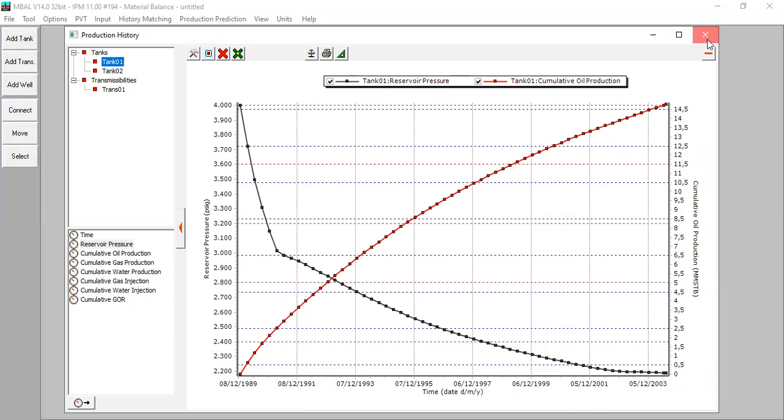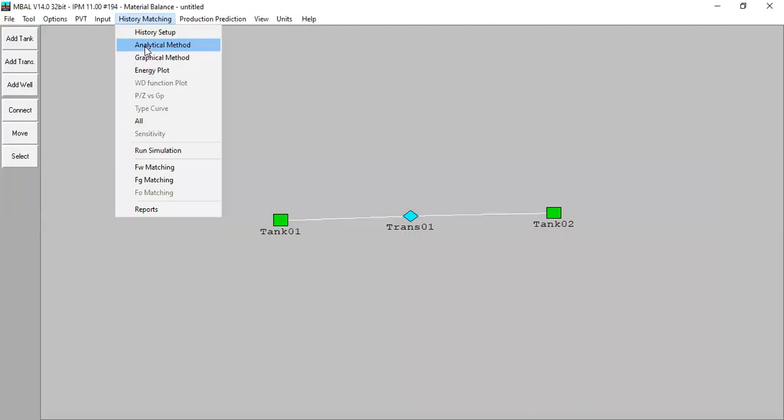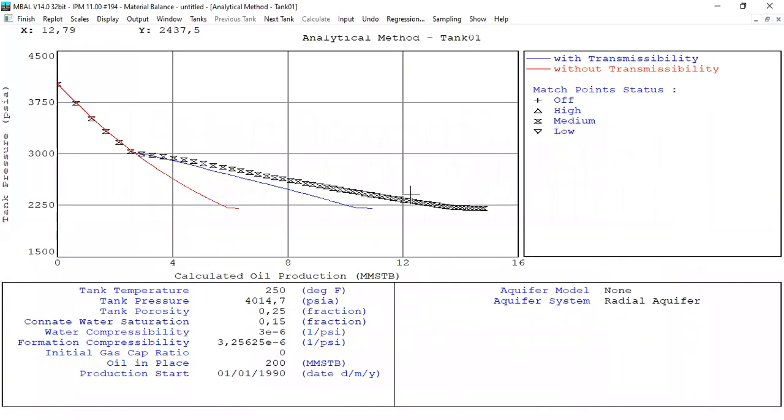Okay, so from here we go to history matching, and you see the red line is the model without transmissibility. So clearly the red line doesn't match. Without transmissibility, the model doesn't match. Okay, the model is wrong.